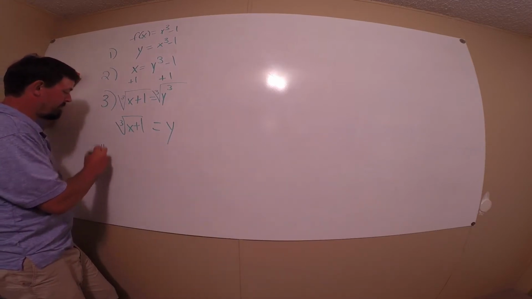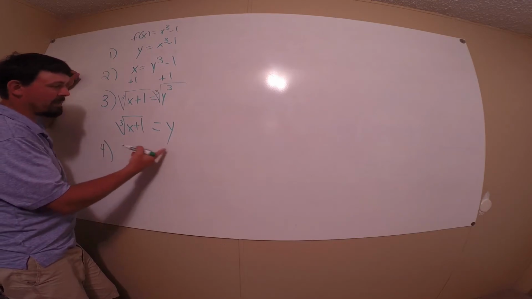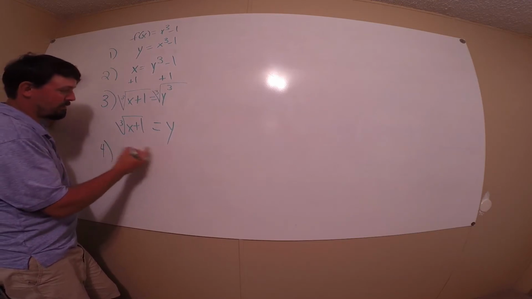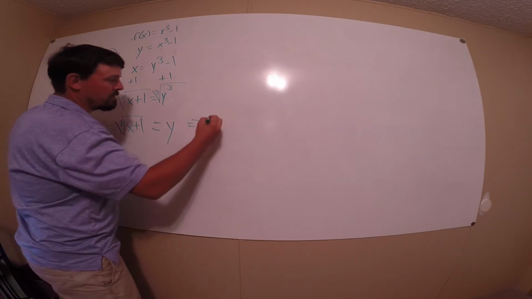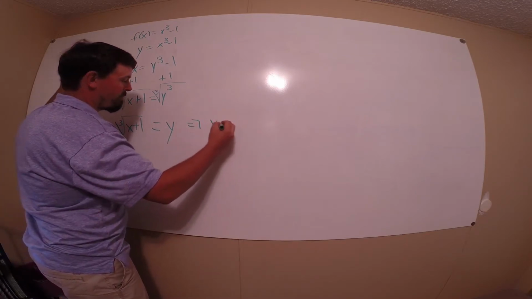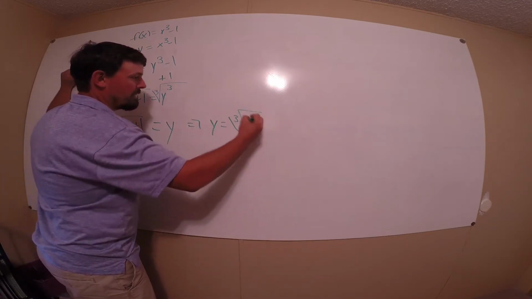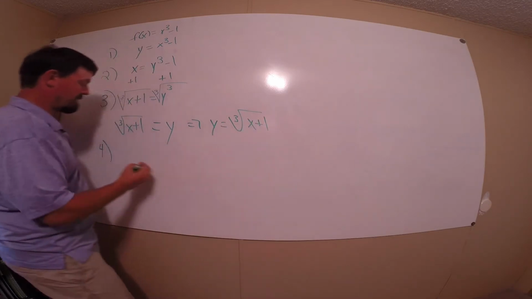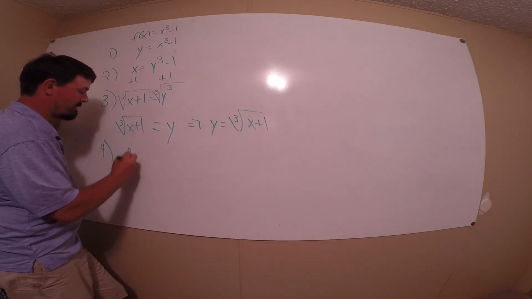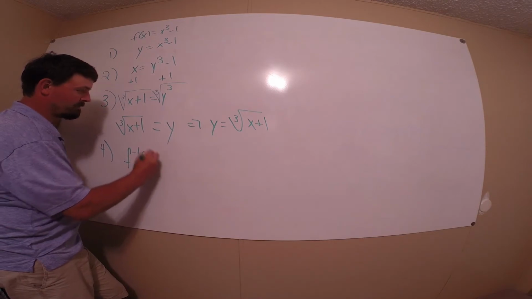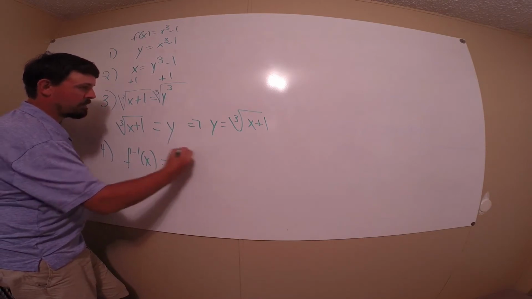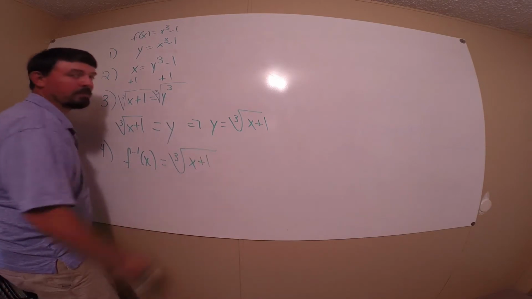I'm going to go ahead and switch this and put it first. So if you wanted to, you could rewrite it as y equals cube root of x plus 1. Replace this y with the f inverse of x for step 4. Cube root of x plus 1.